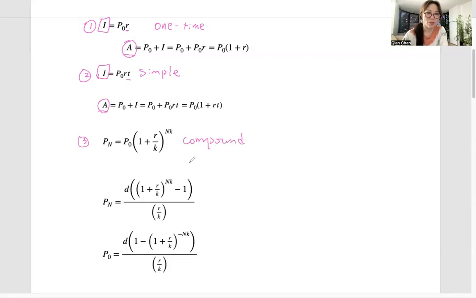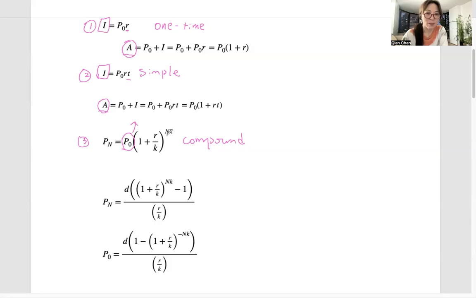So 3 is compound interest. Remember, compound means maybe you invest money for 5 years, and every month the interest is calculated, then added to your principal. So your principal, your initial investment, keeps changing. This increases, right?